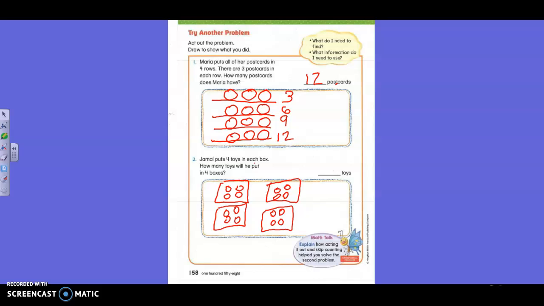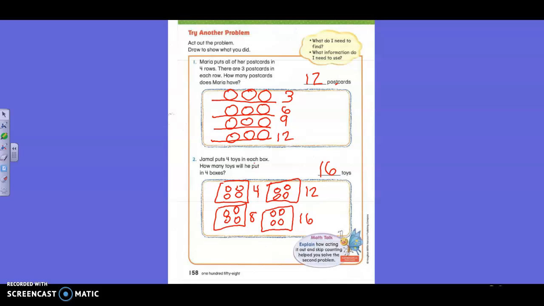So we would have 4, 4 more would be 8, 12, 16. 16 toys. It's adding: 4 more than 8 is 12, 4 more than 12 is 16.